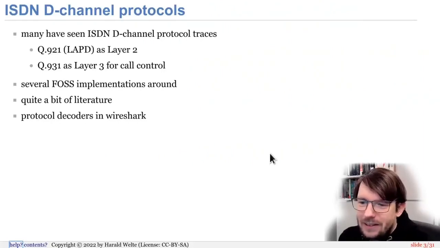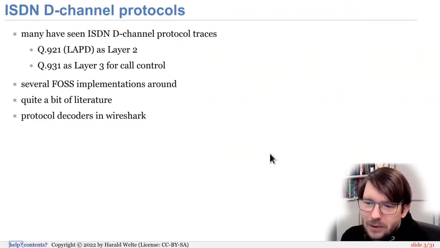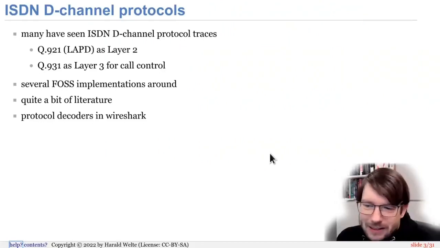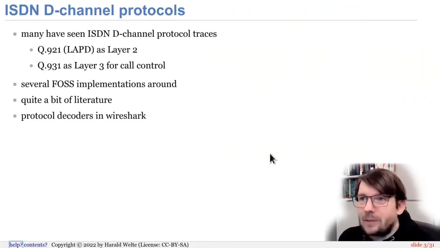So there is ITU-T Q.921, also called LAPD, the layer 2 link layer protocol, and we have the layer 3 protocol, Q.931, with its various dialects, such as 1TR6, EDSS1, and other national dialects for call control on layer 3. For those, you can find at least several open source implementations around. There's quite a bit of literature on them, and you have protocol decoders in Wireshark.